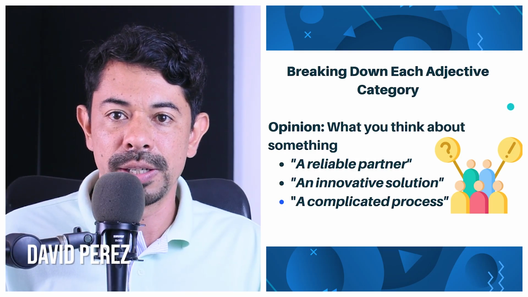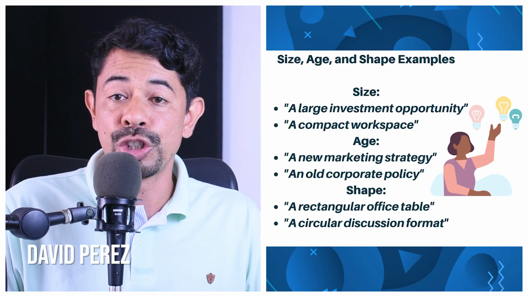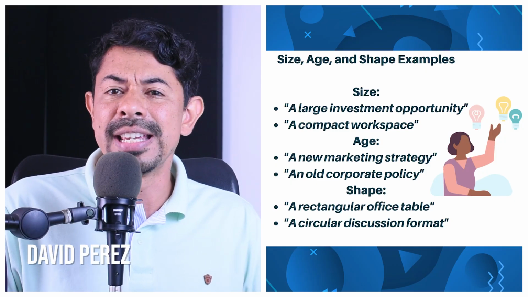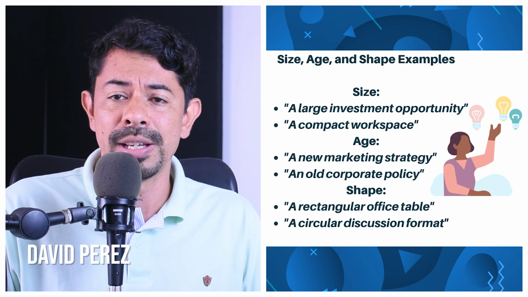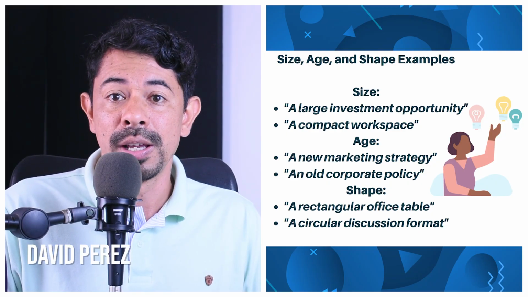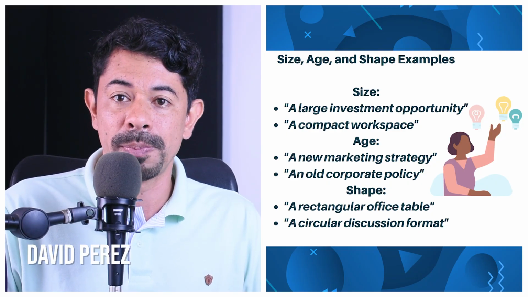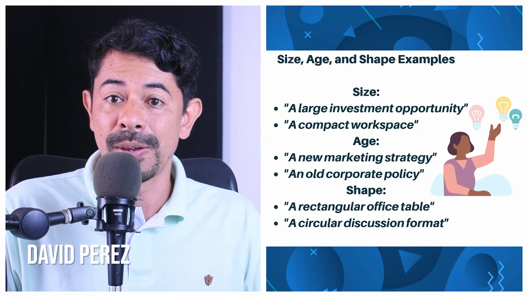That's an opinion adjective. Then we have size, age, and shape. Size is easier to get because it indicates how big or small something is. A large investment opportunity or a compact workspace. Large and compact indicate size.